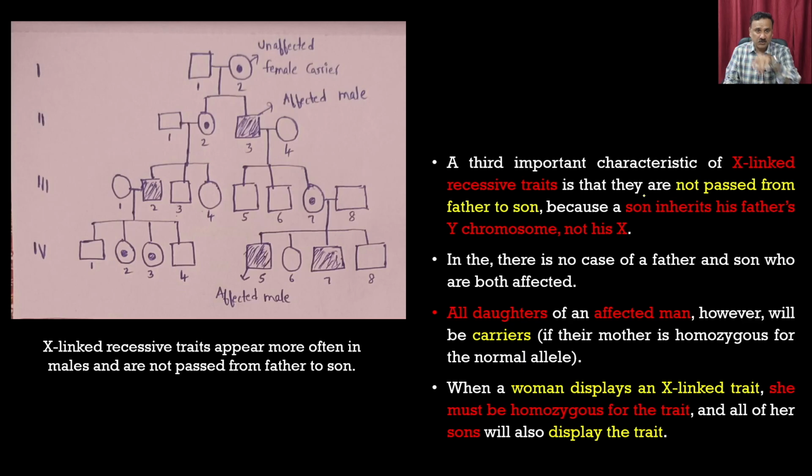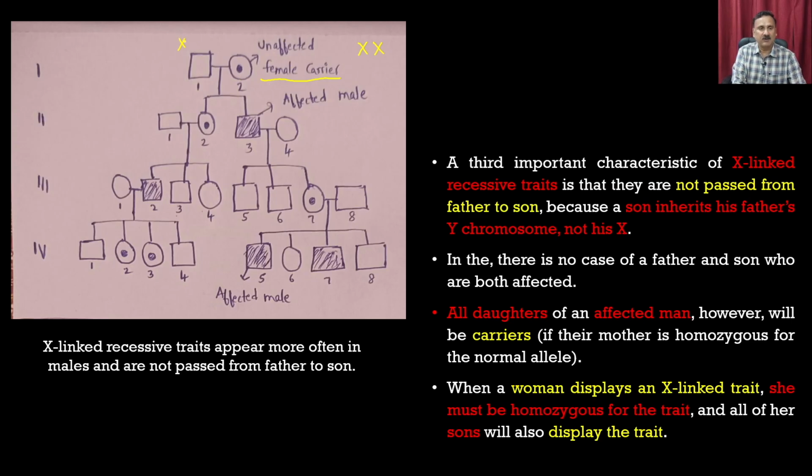So this is what is shown here, right? If you have a female who is a carrier, she has the gene, but only one X is carrying the wrong information. The other X is perfectly fine. So she is a carrier. She mates with a normal male.